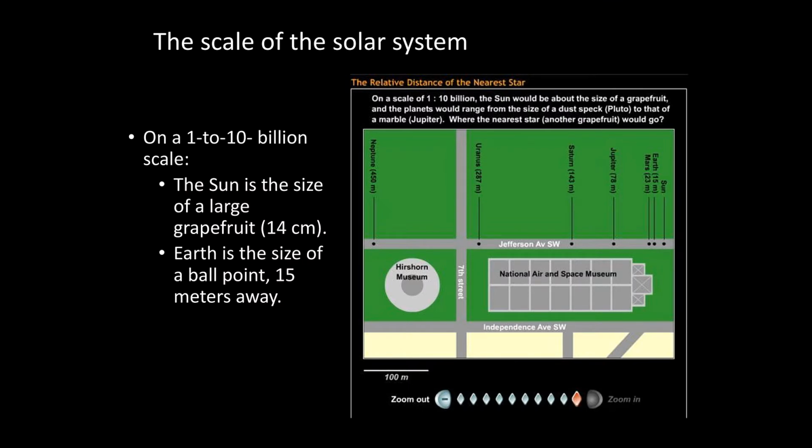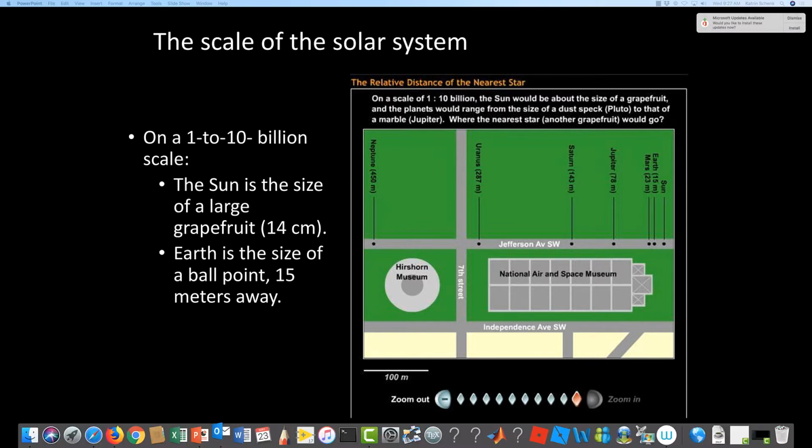Let's talk about the solar system at this scale, right? So now we are still on that scale of 1 to 10 billion, so we've scaled everything down by a factor of 10 billion. And there is a model of the solar system at this scale that's not that far away from us, up in Washington, D.C. on the National Mall. I hope that all of you have been up there to see museums.